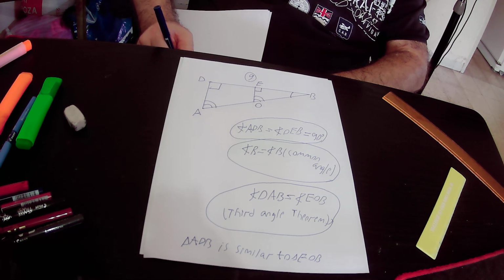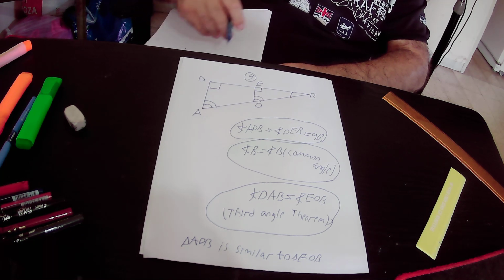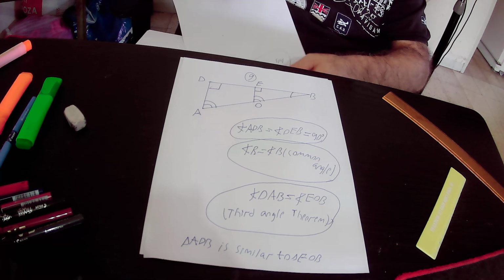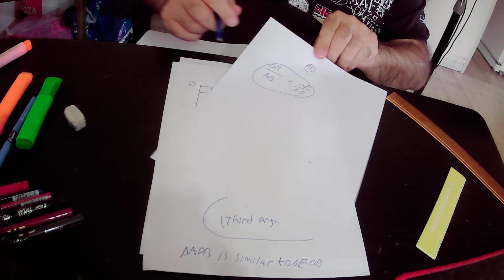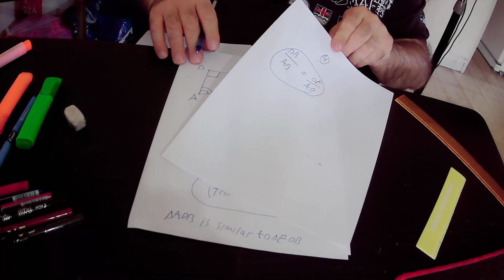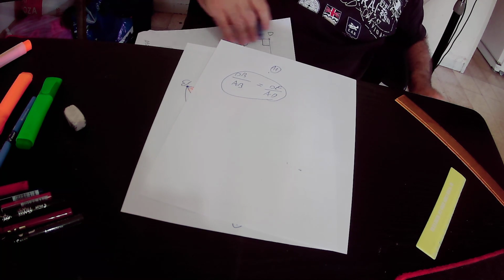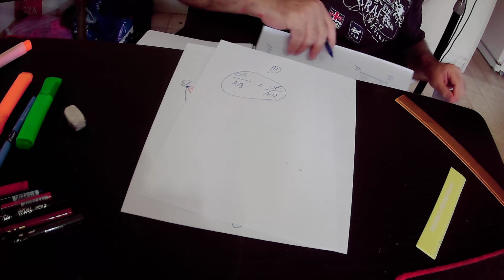OE is the side of the small triangle, over AD, the side of the big triangle. In any similar triangles, this relationship exists between the sides. OB over AB equals OE over AD.